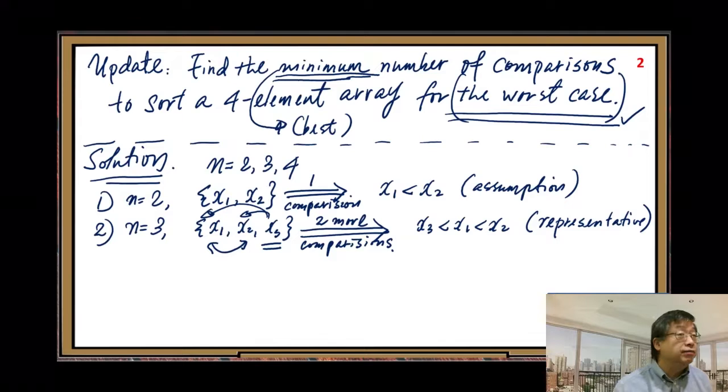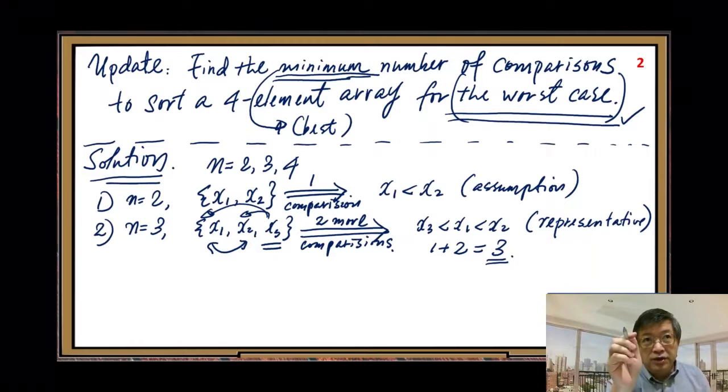It's good enough. The number of comparisons, 1 plus 2 equals 3. So the solution: for a 3-element array, we need 3 comparisons for the worst case, and this is the best solution we can get.